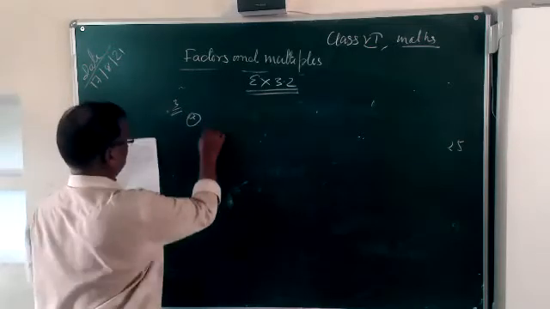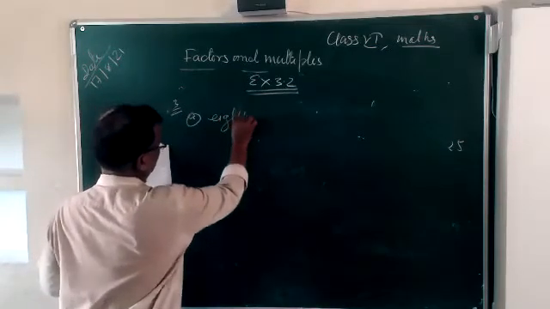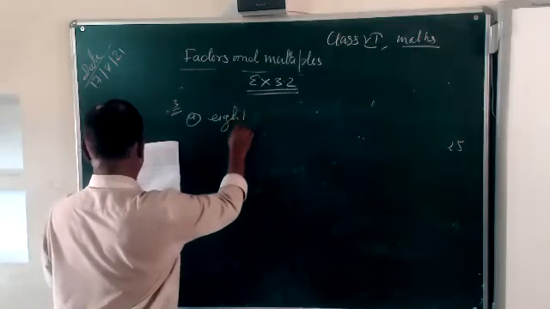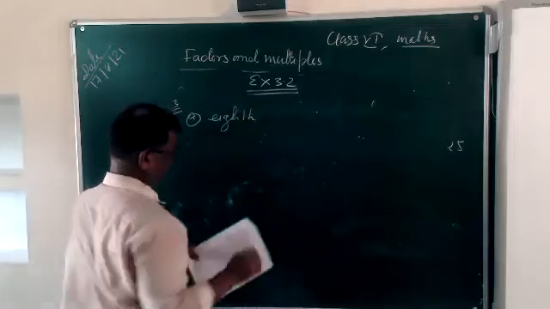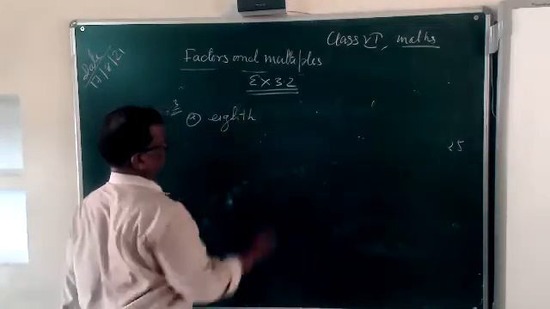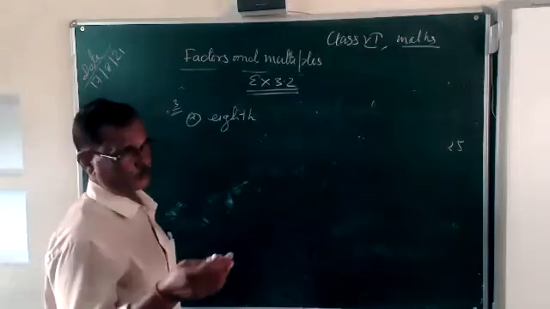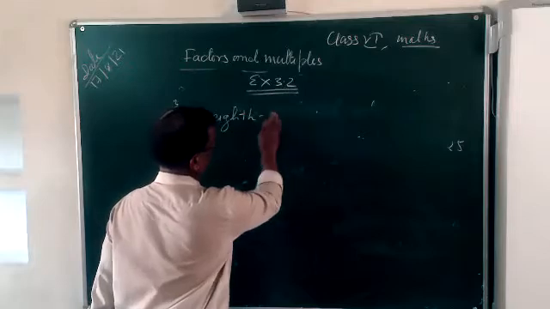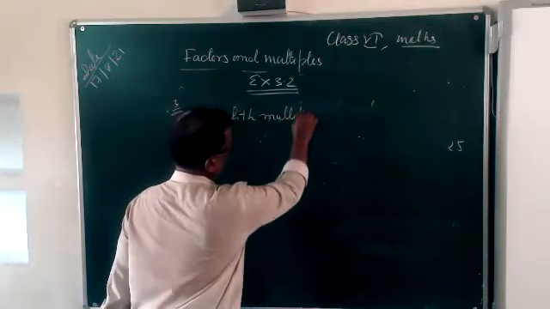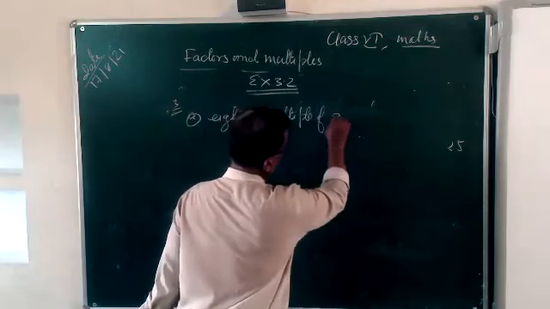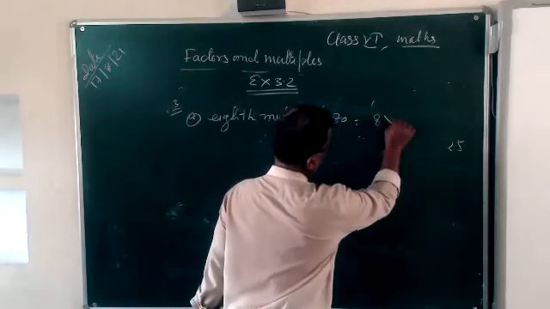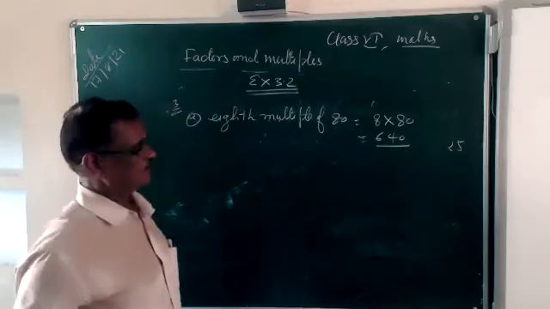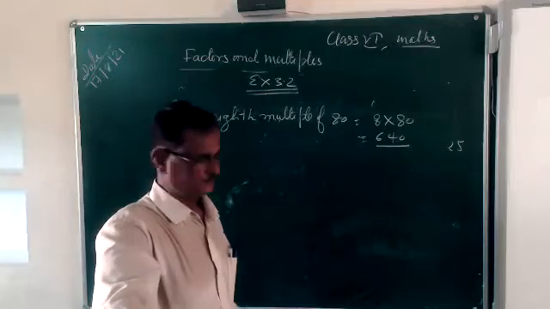A part, 8th multiple I am asking here. 8th means first, second, third, fourth, up to 8th. The 8th multiple of 80 is equal to 8 into 80 is equal to 640. This is the 8th multiple of 80.